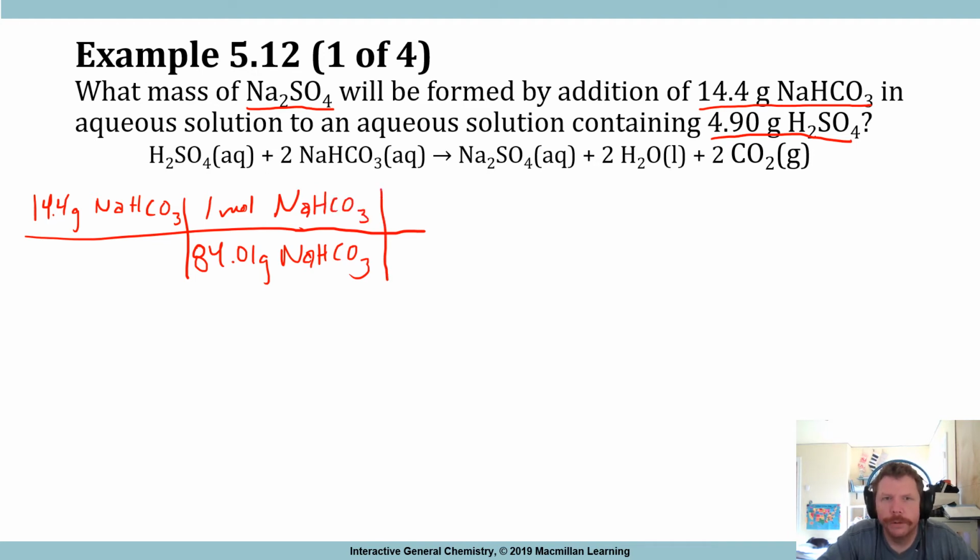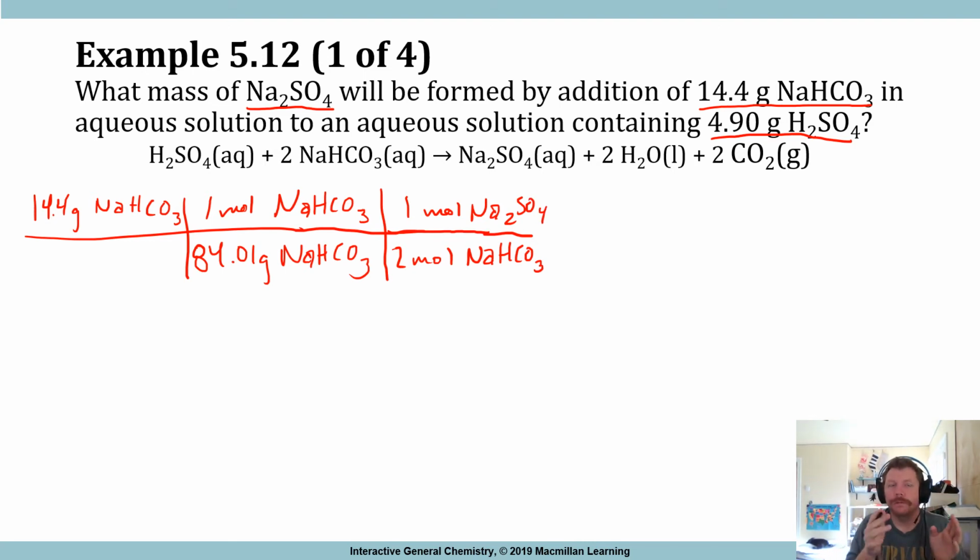Now what I want to do is jump immediately to one of my products. 2 moles of NaHCO3 will make 1 mole of Na2SO4.